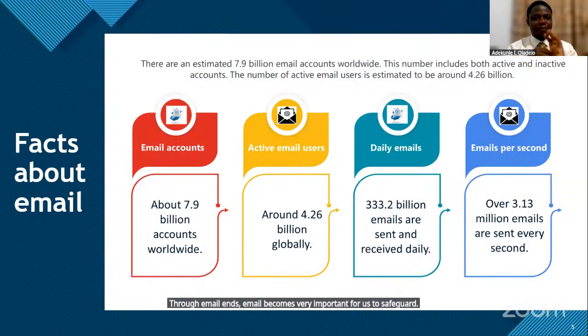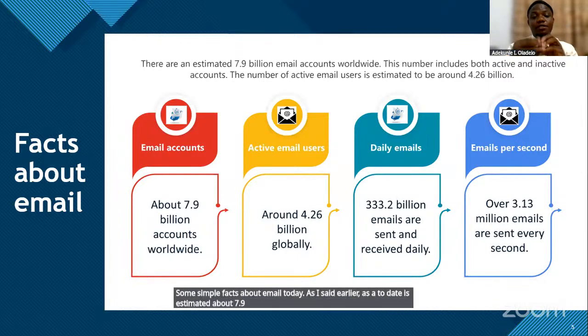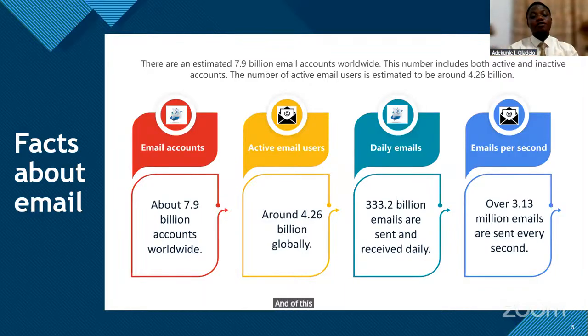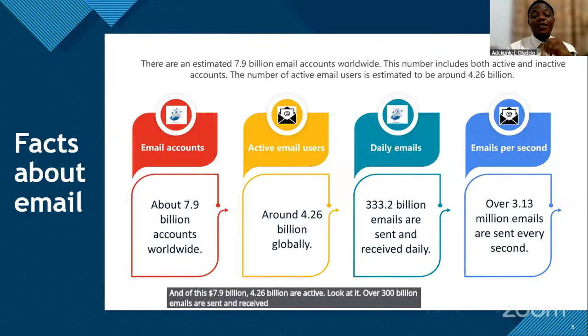Some simple facts about email today. As I said earlier, as of today, it's estimated that about 7.9 billion email accounts are available all over the world. And of this 7.9 billion, 4.26 billion are active. Look at it. Over 300 billion emails are sent and received every day.